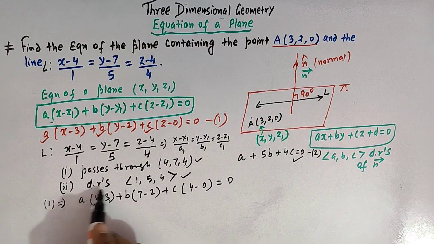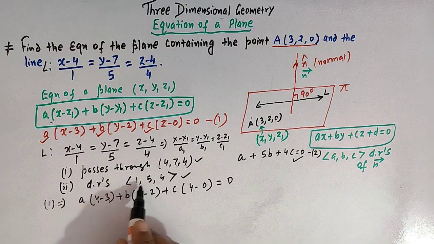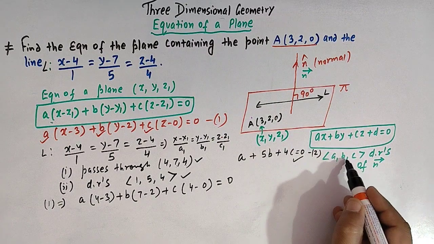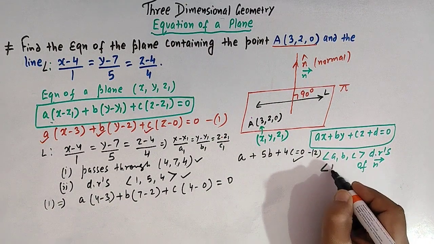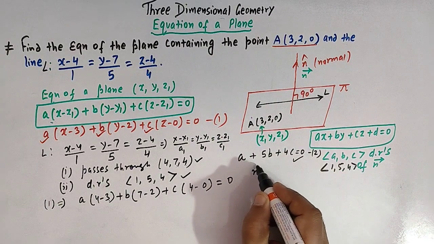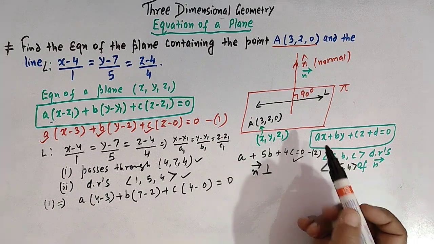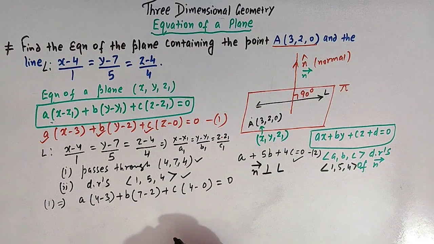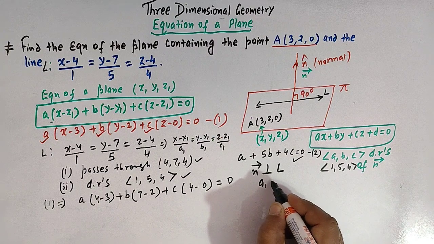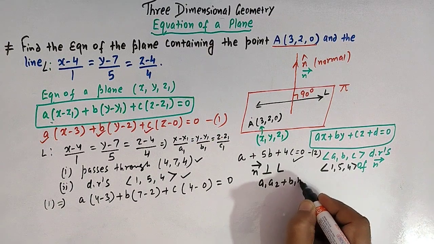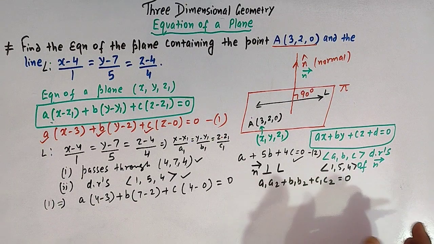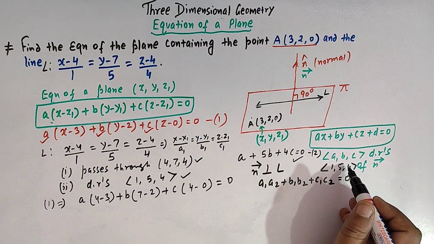now let us take the direction ratios of the line. The direction ratios are 1, 5, 4, and the direction ratios of the normal vector are a, b, c, right? So here the normal vector is perpendicular to this line L. And we know that when two vectors are perpendicular, we have this condition, that is a1 a2 plus b1 b2 plus c1 c2 is equal to 0, or in other words, the dot product must be equal to 0, right?